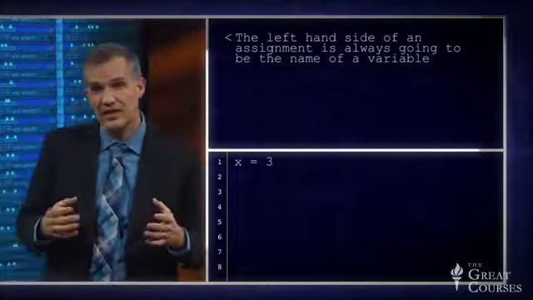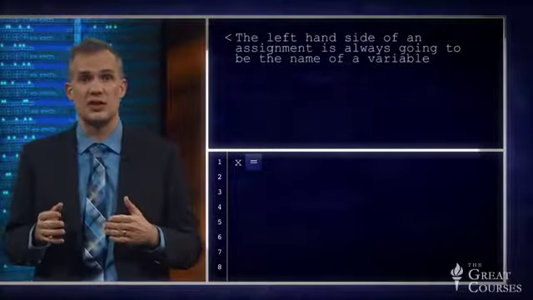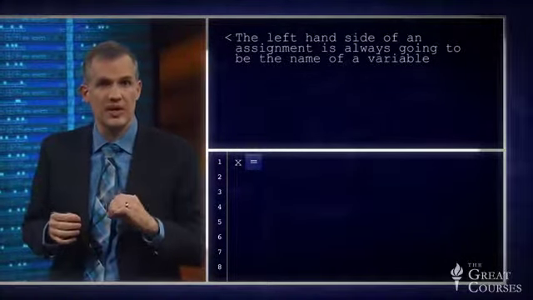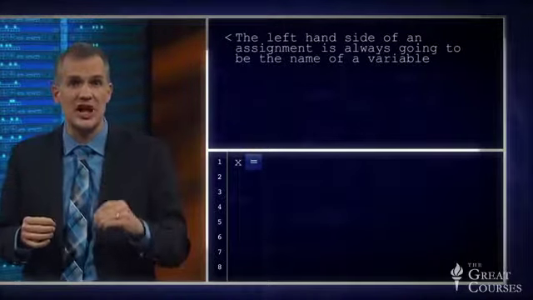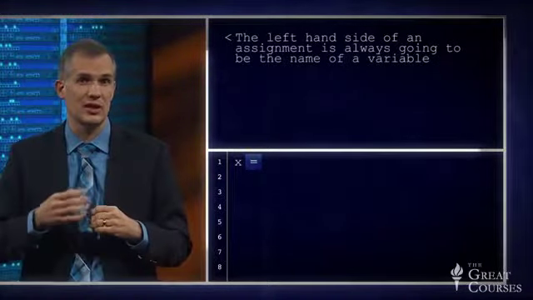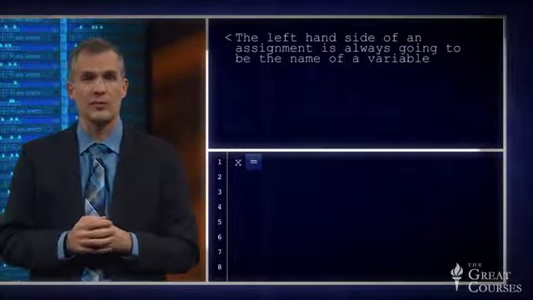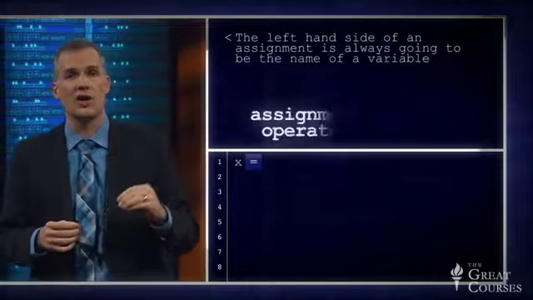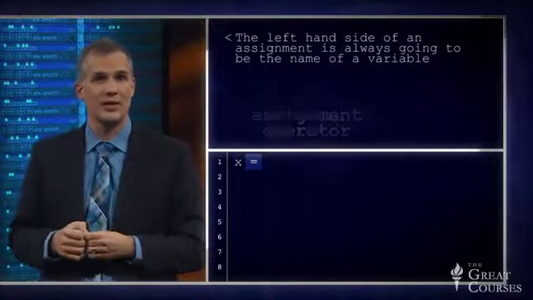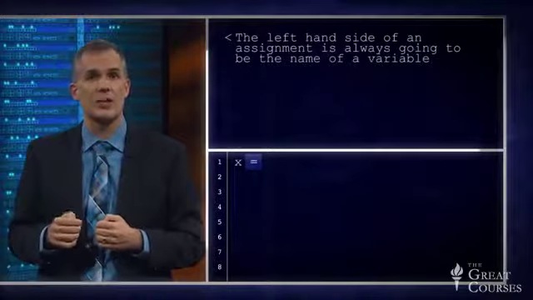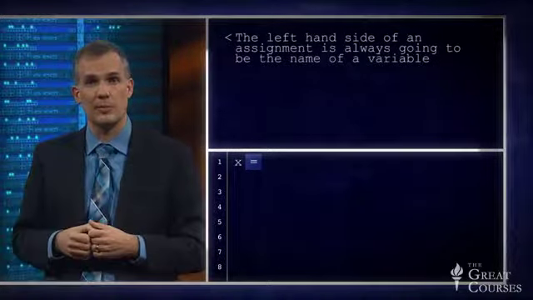Now, the next character is an equal sign. But it's important to realize that this equal sign does not really mean equals, at least in the way you're used to thinking of it. It's actually what we call an assignment operator. That is, it's indicating that we're assigning a value to a variable.